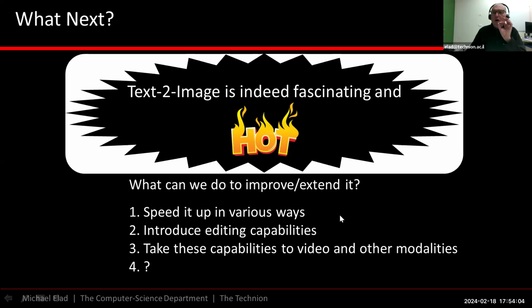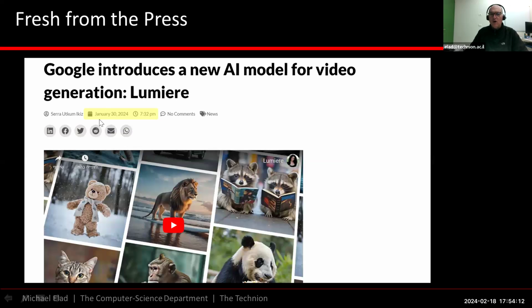And let me just show you how hot this topic is by showing you press releases from recent days. So here is a press release from 2 weeks ago. Google introduces a new AI model for video generation, Lumiere. This is basically a diffusion algorithm created by a team that sits in Israel, Google Tel Aviv.